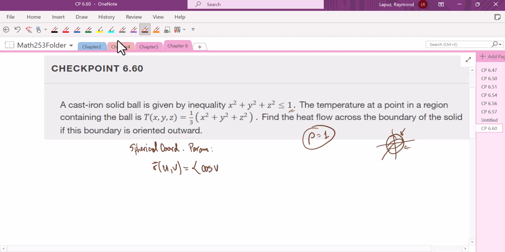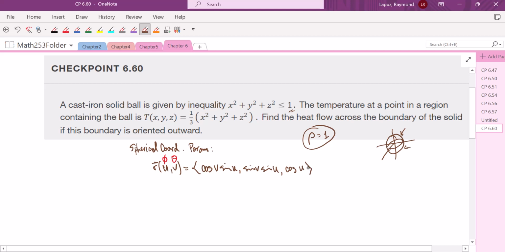Let's imagine that u is phi and v is theta. So this is going to be cosine v sine u, that's cosine theta sine phi, and then sine v sine u, that's sine theta sine phi, and then rho cosine phi, so that's cosine u.